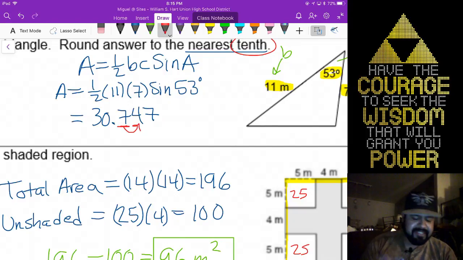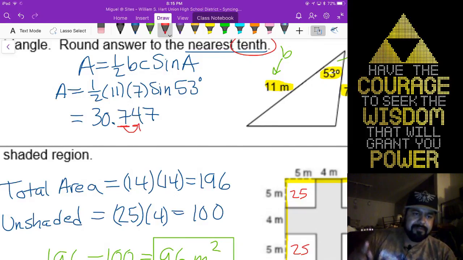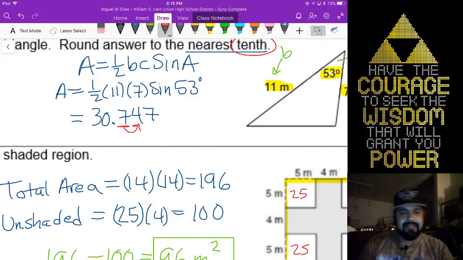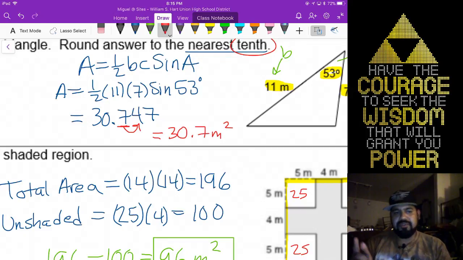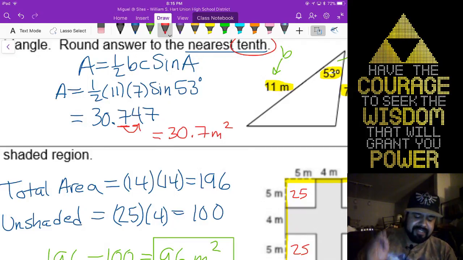Don't all of a sudden say, oh, Mr. T, the 4 rounds up to a 5, and then the 5 rounds the 7 up. That's not how we do rounding. If you do that, I don't even want to think about what's going to happen to you. Don't do it. So we're going to just get 30.7 meters squared.